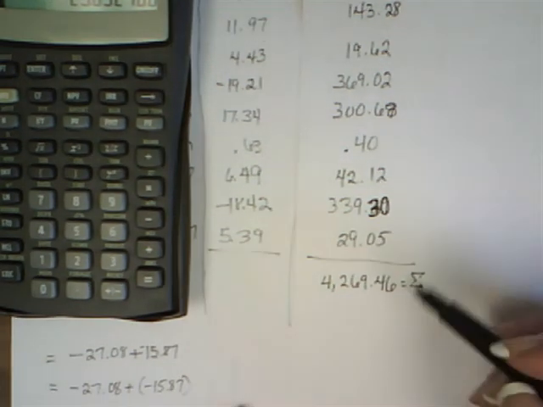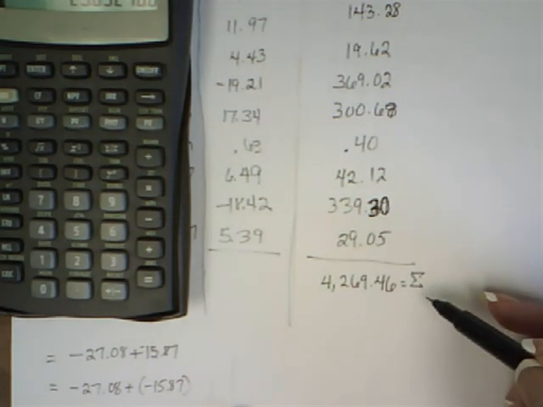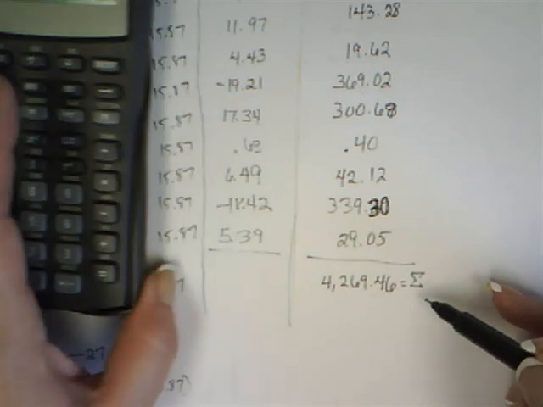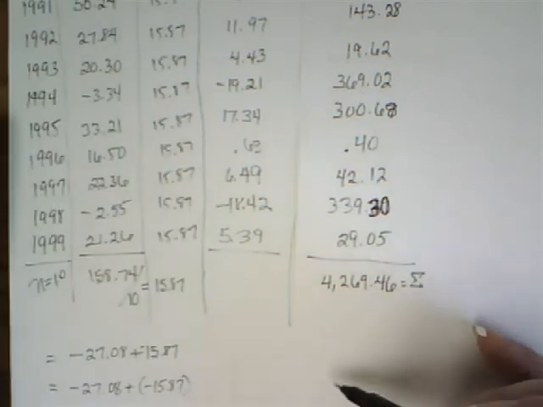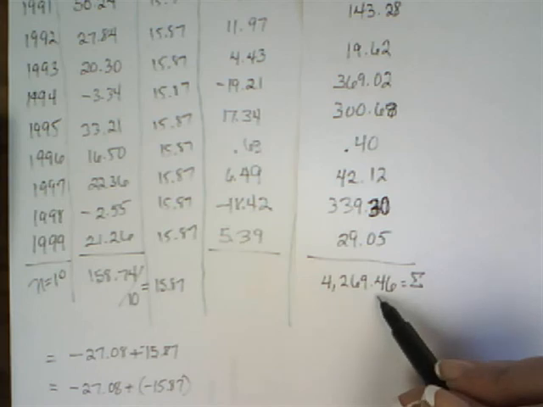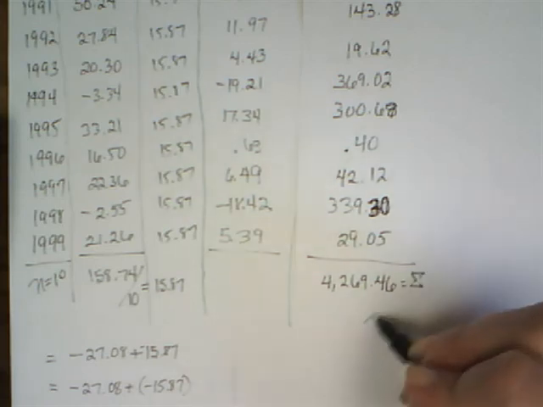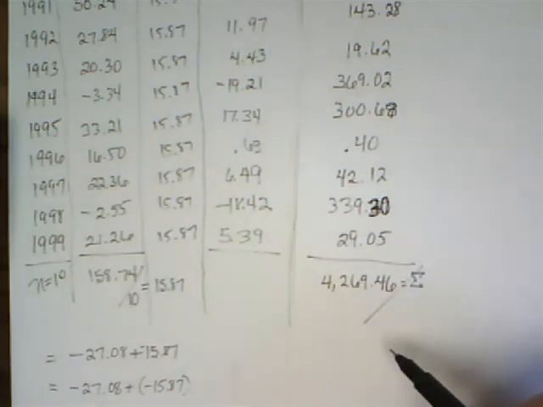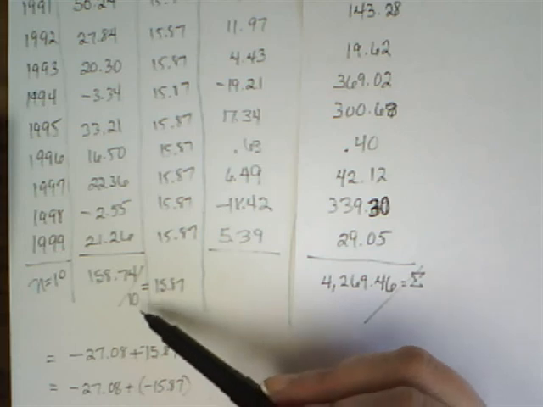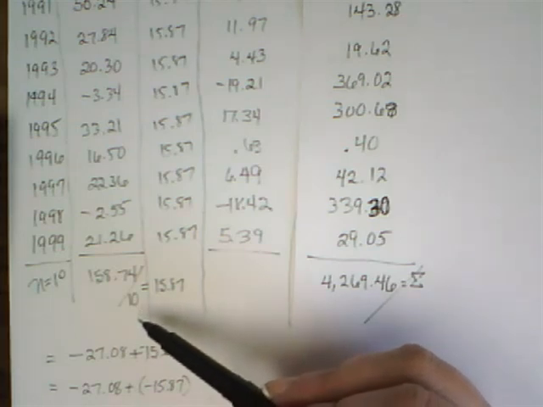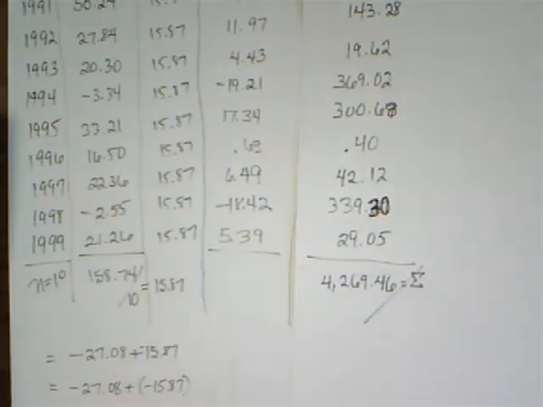Now to calculate the variance in this example, we're going to take this 4,269.46 and divide it by 10 minus 1, which is shown on page 218, the last column in the variation calculation table. You'll see where it says 10 minus 1 on the denominator.